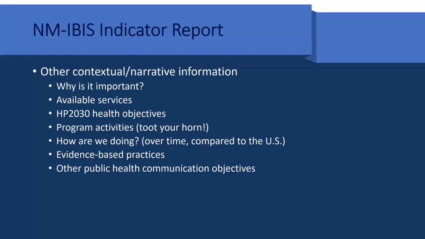Okay, so we like to provide context so that our users can understand what the numbers mean. And one of those things is your program activities. So if you're in a program that does research on a topic or provides services for a health issue, go ahead and toot your horn and let's get that information out there.